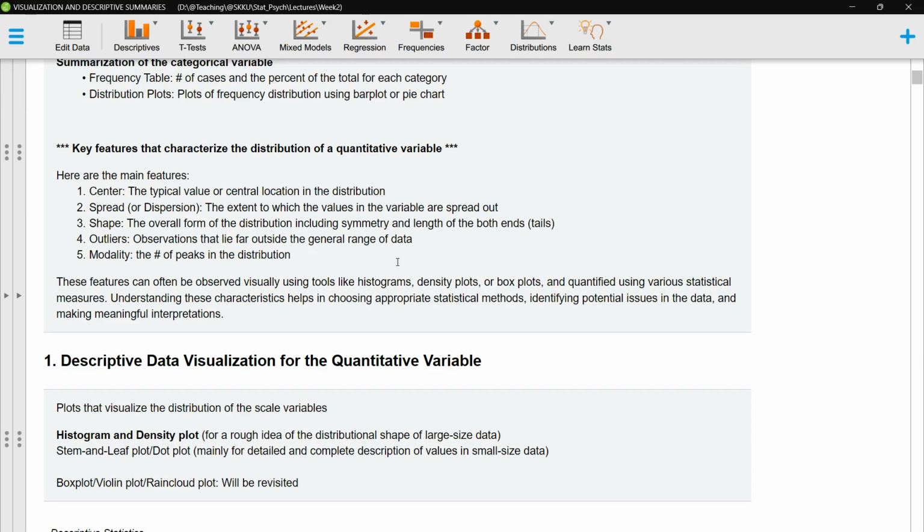We will look at what kinds of statistics can represent each feature of the distribution for the quantitative variable.